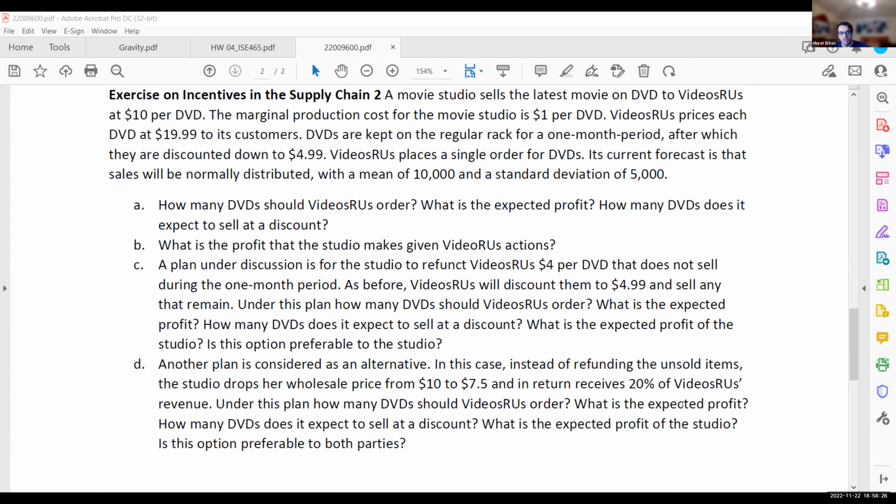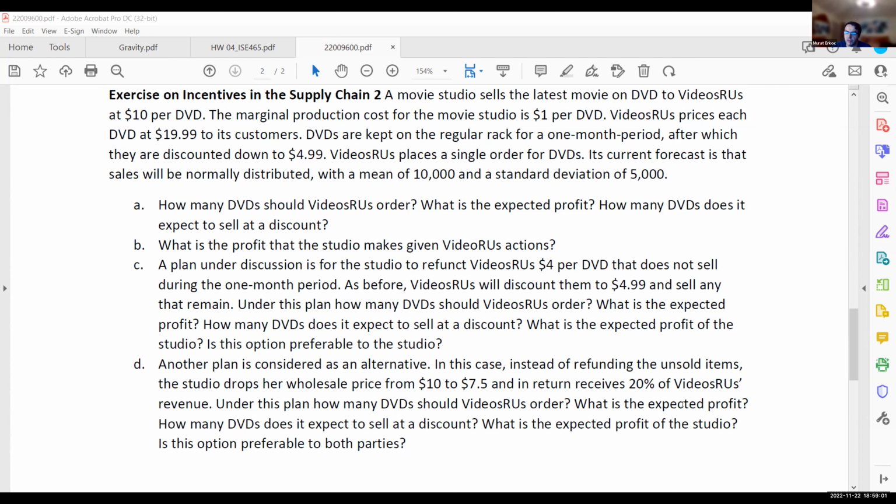Now, you need to be careful here. This is a buyback contract, but actually the movie studio is not buying them back for $4. They're just paying $4 for any unsold item. They don't want the product back. So if an item is not sold at the end of the first month, and the video seller can document that, the movie studio will pay the retailer $4 per unit.